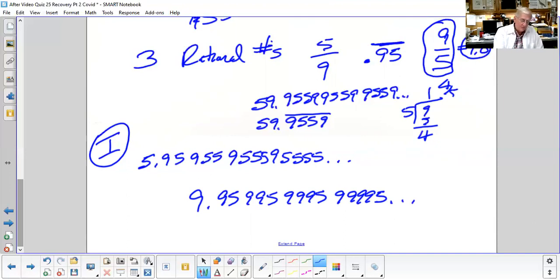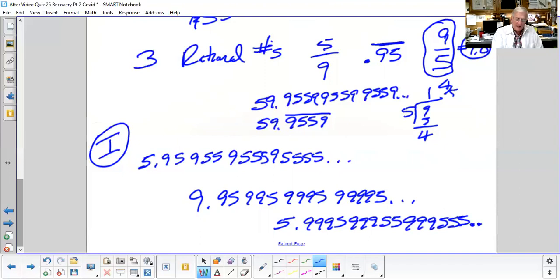I could use 5, right? And then I could use what? 3 9s and a 5. 4 9s. Well, I've already done kind of that. So let's do 3 9s and a 5, 3 9s and 2 5s, 3 9s and 3 5s, dot, dot, dot.